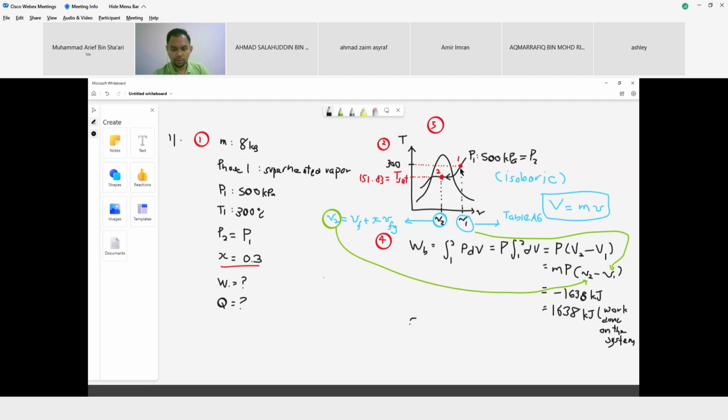So the energy balance equation is Q minus W out equal to delta E. By using this energy balance equation for a closed system, we can determine Q, the heat transfer.